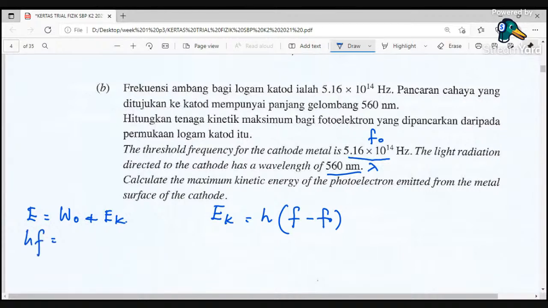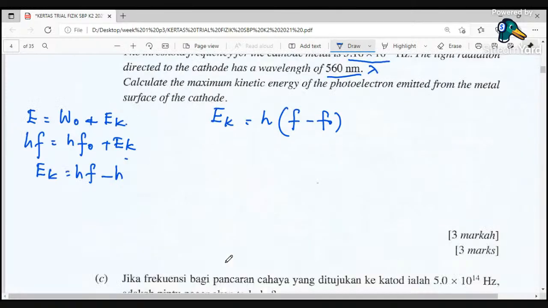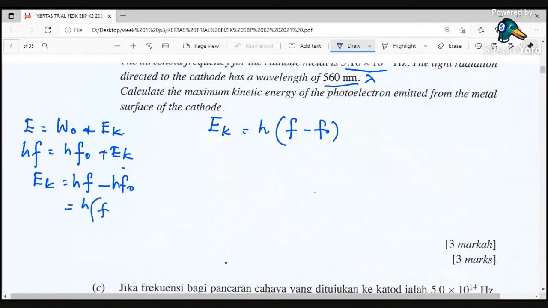Threshold energy is hf0. So kinetic energy equals to hf minus hf0. I just want to show how we get the formula.